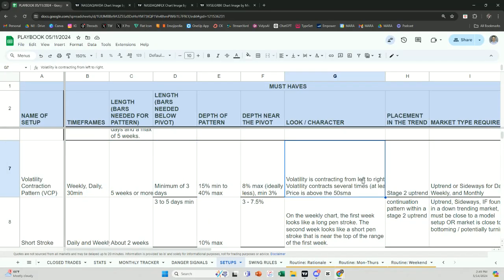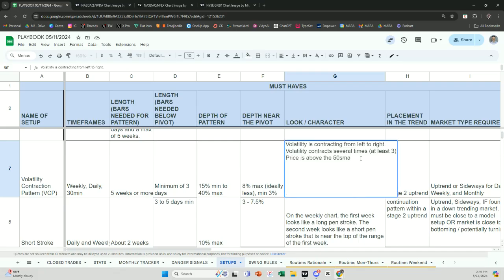So volatility is contracting from left to right. Volatility contracts several times. Volume should also be declining on declines, and volume increasing on upswings.